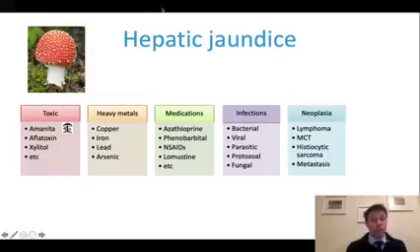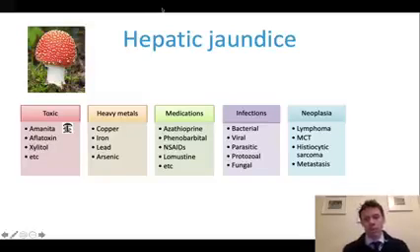Protozoa, Toxoplasma, Neospora can cause liver damage, and less so in the UK. There are certain fungi that can cause sufficient hepatic damage to cause jaundice.